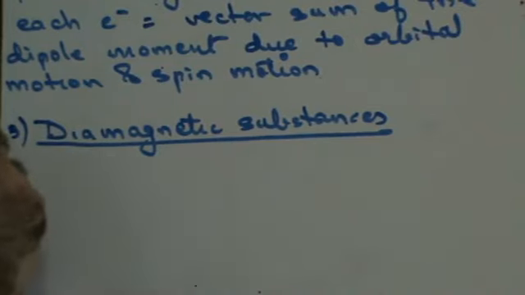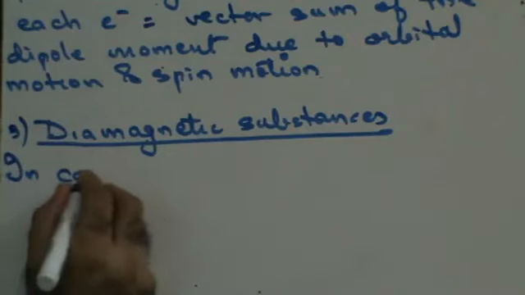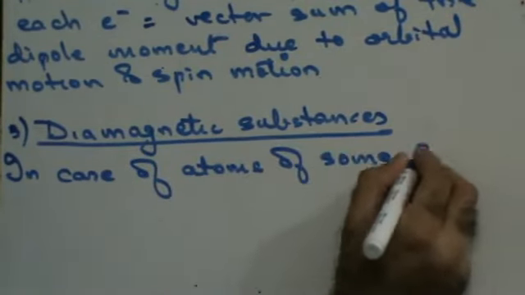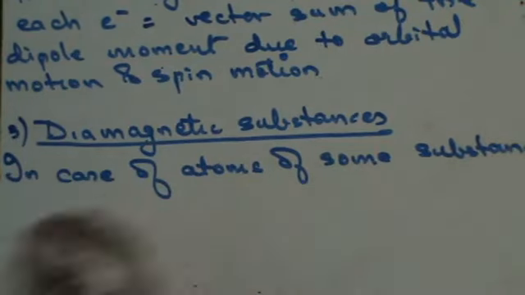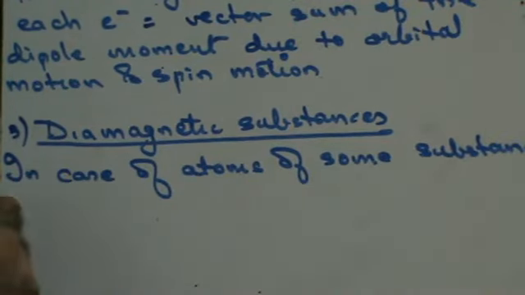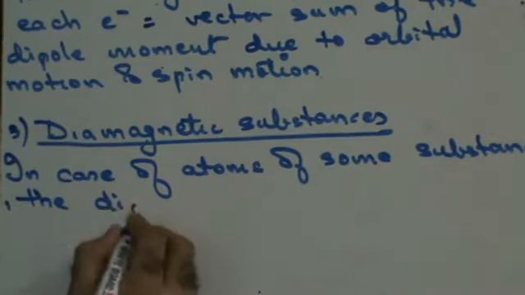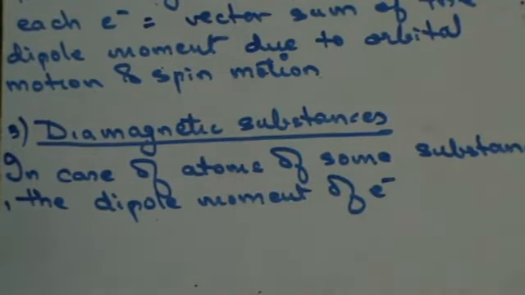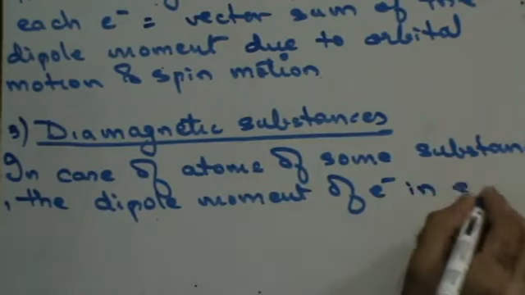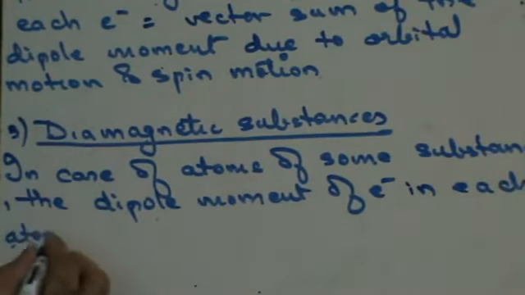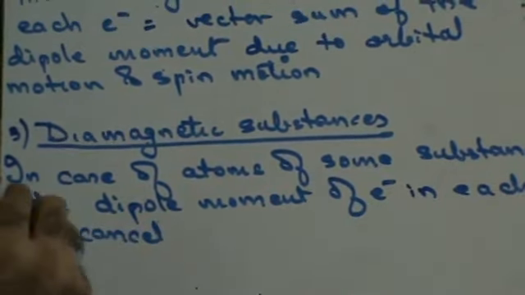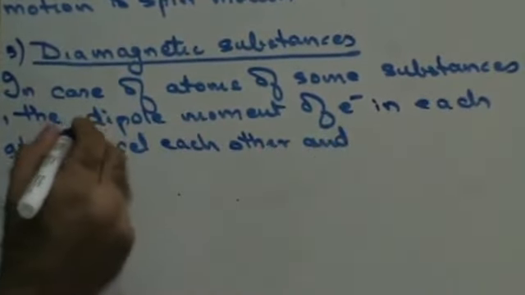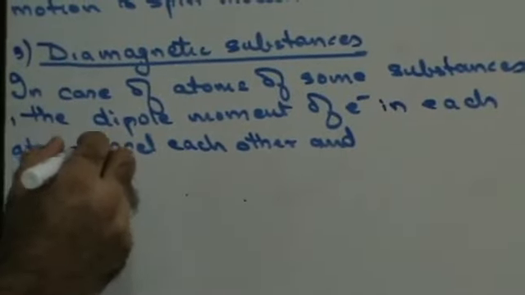Fine, do we get this thing here? So I can say that in case of atoms of some substances, the dipole moments of the electrons in each atom cancel each other, and the magnetic dipole moment in each atom is 0.